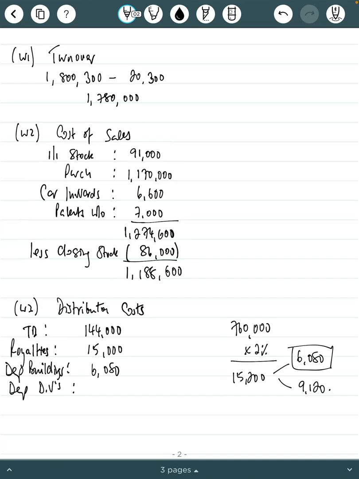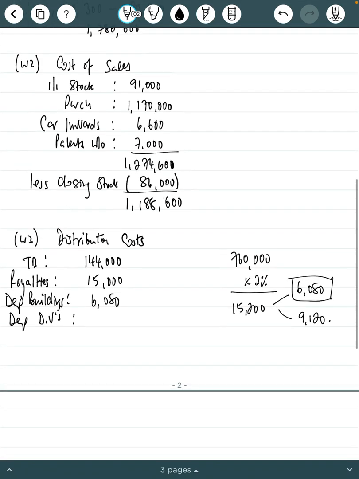The next distribution cost that we'll have, lads, is your depreciation on delivery vans. Now, here was slightly different, obviously, to what you're used to. It's just using a reducing balance, as I pointed out to you. So you just have to use basically the net book value is what they're looking for here. If you go to your trial balance and look at your delivery vans, you'll see the cost of your delivery vans was 280,000. But you must subtract that 116,000, which is accumulated depreciation, and that will give you your net book value, which is 164,000.